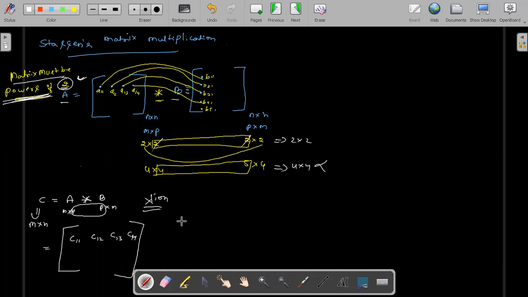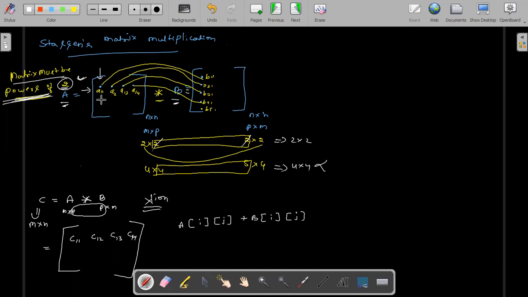take it like this: this is matrix A, this is matrix B, A of I and J plus B of I and J, like this. Now, what is this? I is nothing but the number of rows as well as columns.